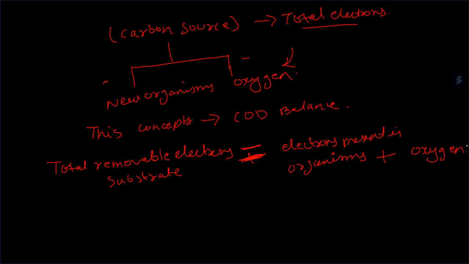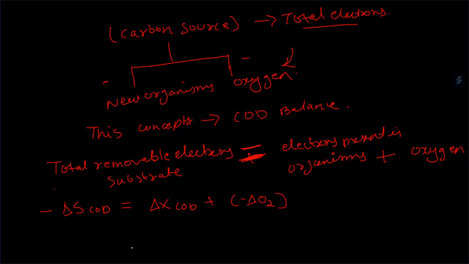These are the two destinations, and based on this, you can write it in another form: minus delta S COD is equal to delta X COD plus minus delta O2.